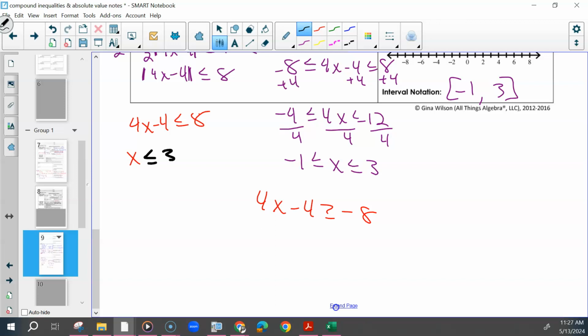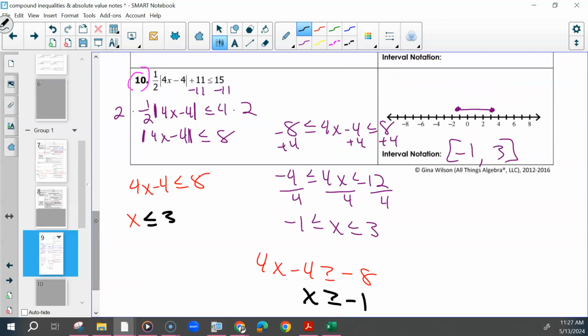So this one would end up x is less than or equal to 3. This one would end up x is greater than or equal to negative 1. And then if you wanted to graph it, this will go to the left and this will go to the right. And then you would see, oh, this overlaps. I need that one. So either way.